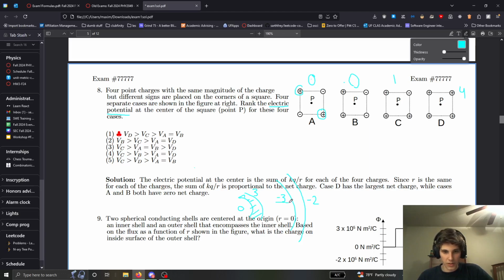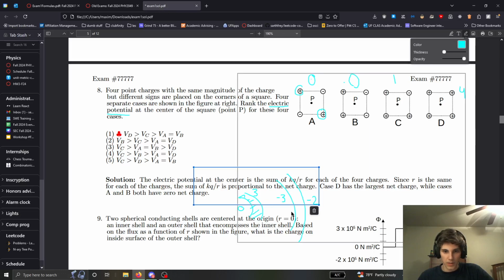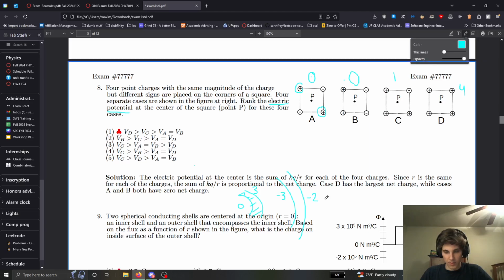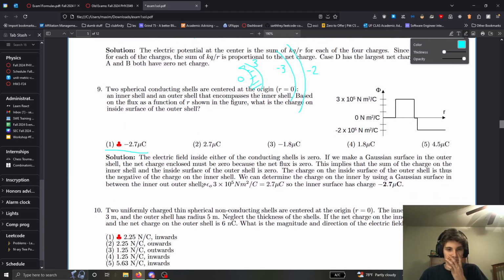But we want the charge on the inside surface. Now, the charge enclosed is actually equal to the flux times epsilon 0. So we take -3 and multiply by epsilon 0, which I think is 8.85 times -3, -26.55, close enough to -2.7.